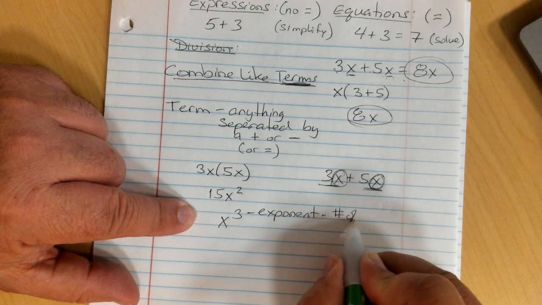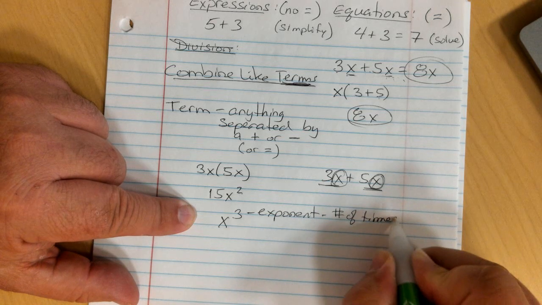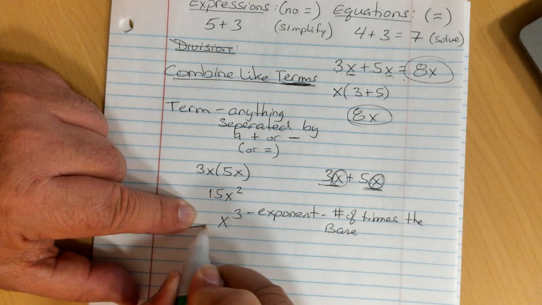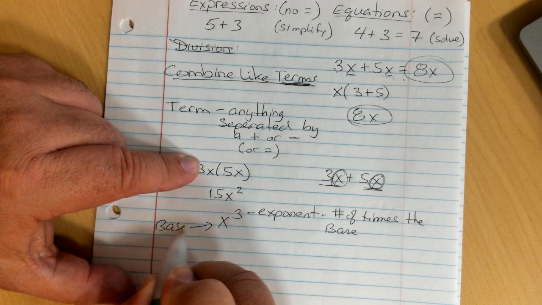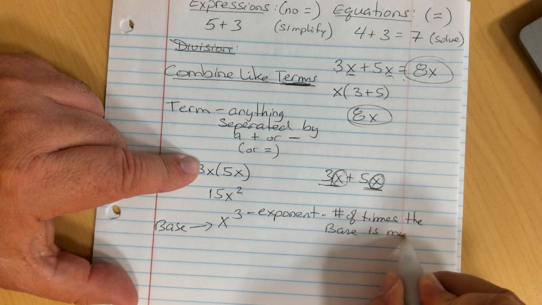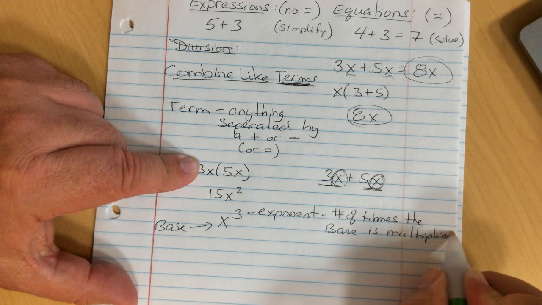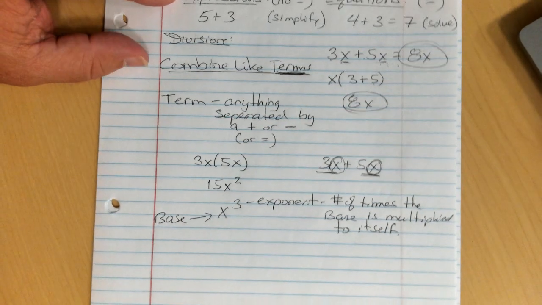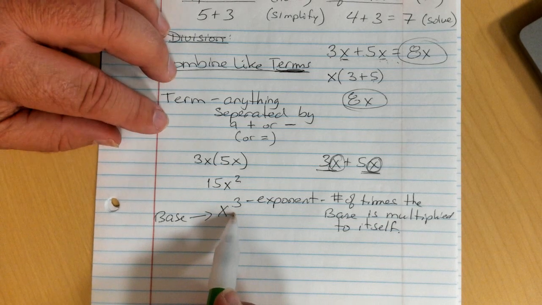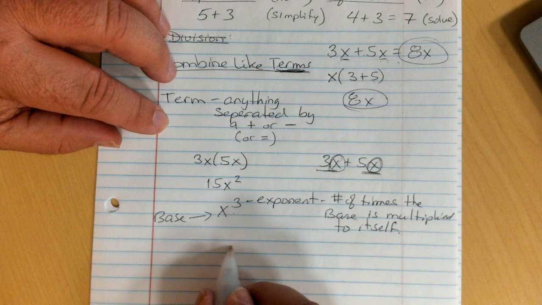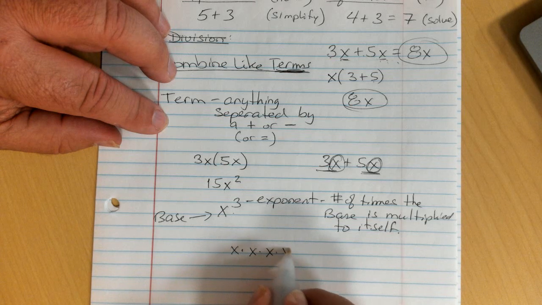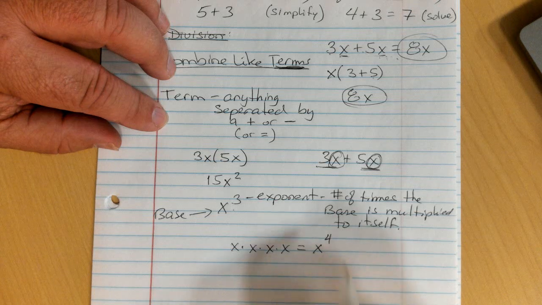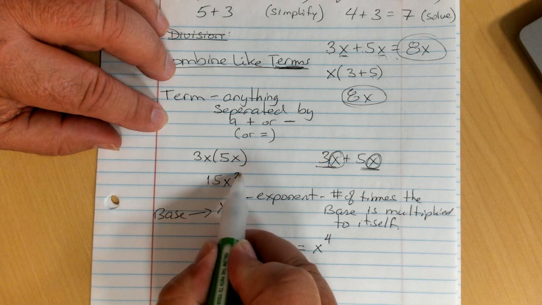The number of times the base, which is this number, is multiplied to itself. So the exponent tells me how many times it is multiplied to itself. So if I had x times x times x times x, I can rewrite that how? X to the fourth. Right. So x times x becomes x squared.